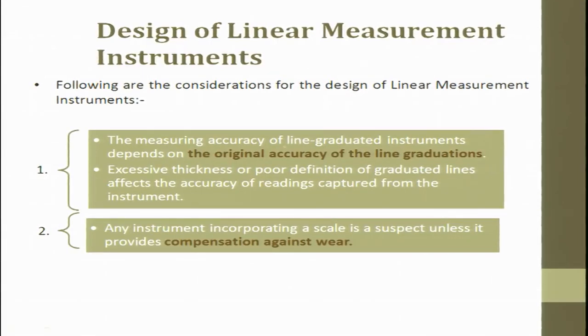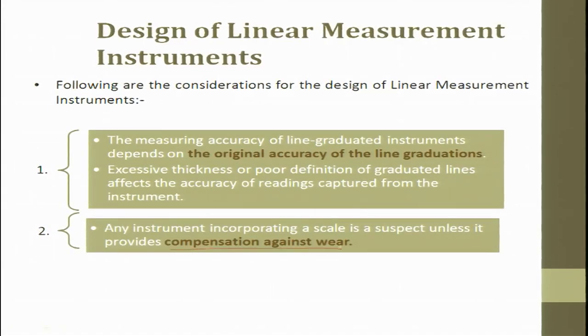The measuring accuracy of a line graduated instrument depends on the original accuracy of the line graduation. Excessive thickness or poor definition of graduating lines affects the accuracy of readings captured from the instruments. Whatever I said earlier, clarity. Any instrument incorporating a scale is a suspect unless it provides compensation against wear.